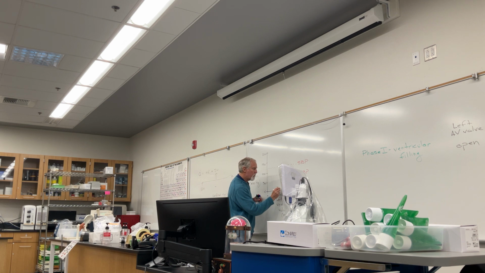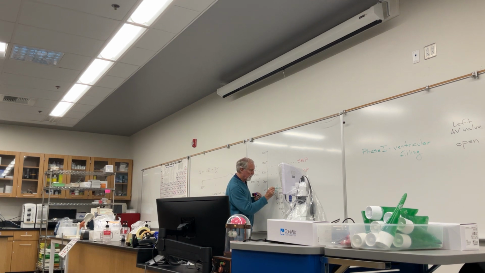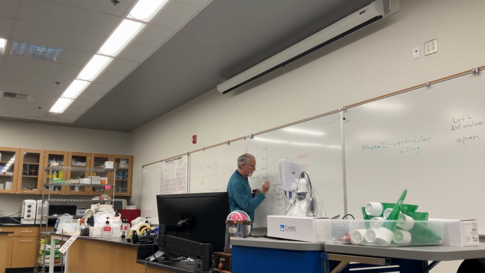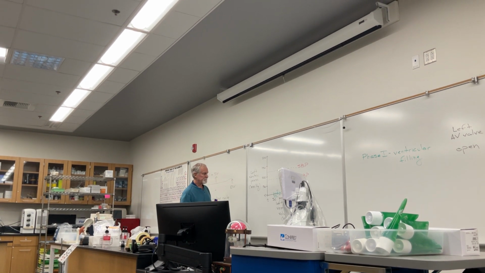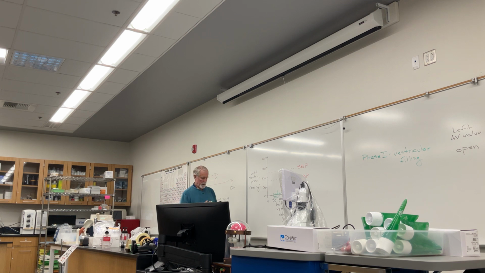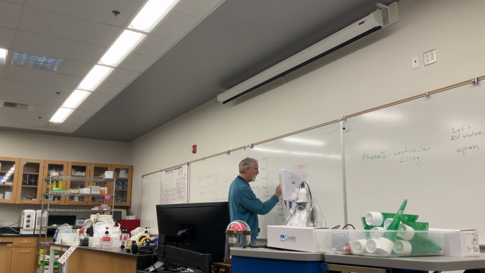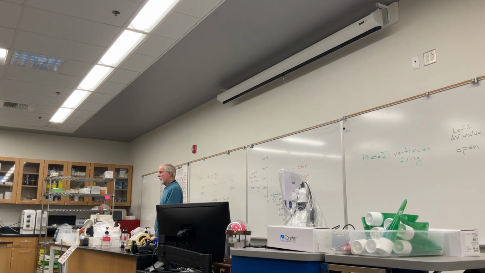Well, now, the force in the ventricle or the pressure in the ventricle increases. Let me just put arrows in here so it's clear the direction that we're moving through this pressure volume diagram. And you'll notice that in the second phase, there's no change in the volume of blood in the left ventricle.